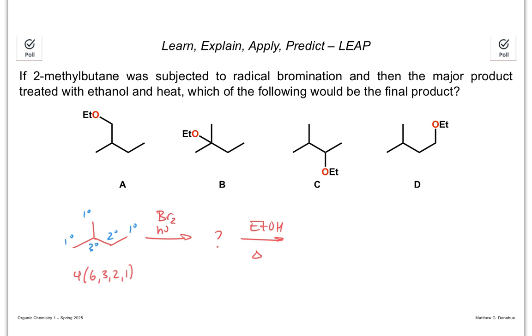Remember, radical bromination is selective for what type of substitution? Of those sets, primary, secondary, tertiary, bromination prefers to substitute what class of hydrogen?